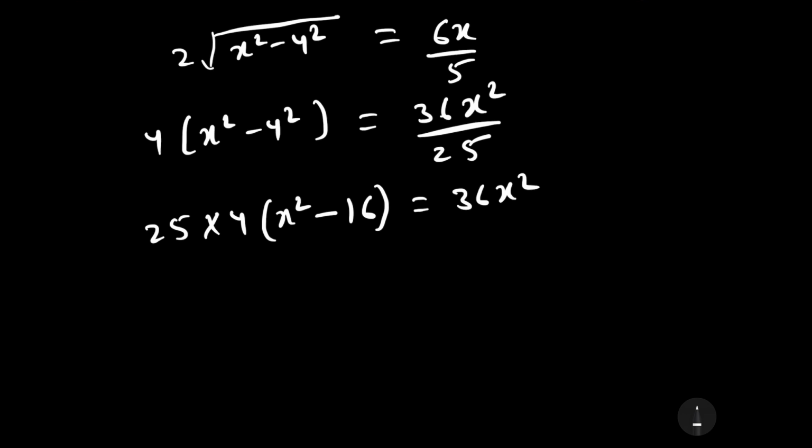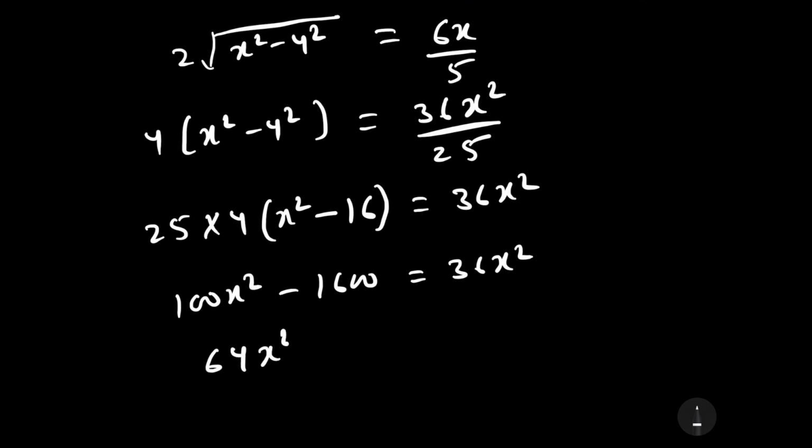After solving it, this will be 100x square minus 1600 is equal to 36x square. Now as we solve it, this will be equal to 64x square is equal to 1600.